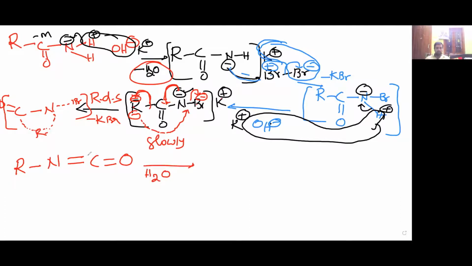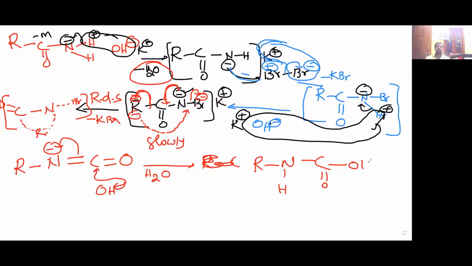So that OH minus attacks like this, the bond shifted like this, N minus, H plus is added, then we get R N H C(=O)OH. Okay. Then again, further you added water.